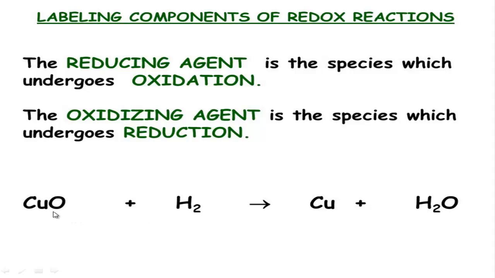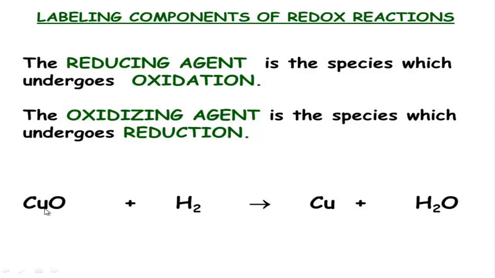Follow here, I have said that in the oxidation part, addition of oxygen occurs. Here hydrogen is converted into water, that means an oxygen atom is added to hydrogen. So this is an oxidation reaction. Hydrogen is oxidized in the presence of which reactant? Copper oxide. So here cupric oxide is the oxidizing agent.